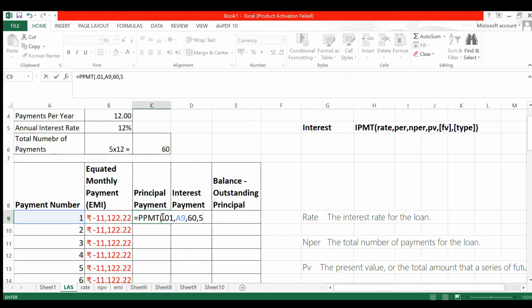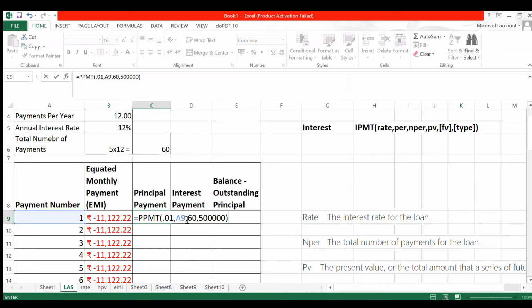PV will also be the same amount, 5 lakh rupees. So all these three values, that is rate, total number of payments and the present value, will remain the same in all the months' principal payment calculation, but the only changing value will be the per, that is for which period we are calculating the principal payment.